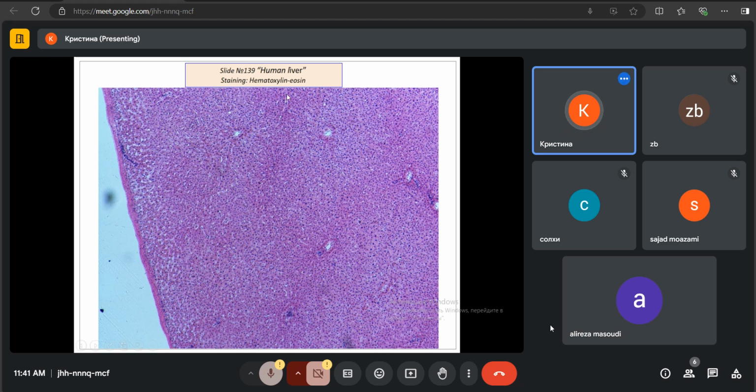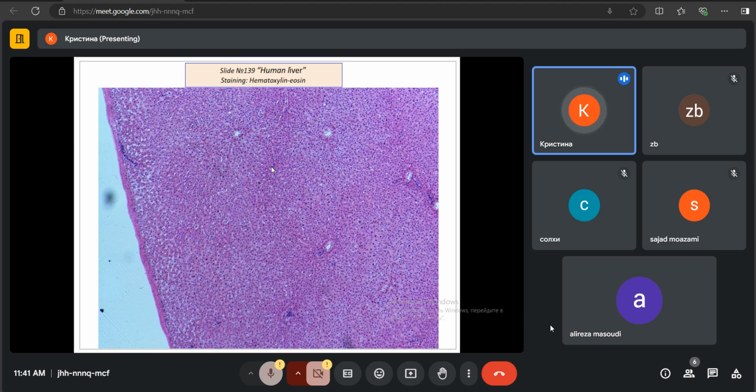In this specimen, the border should be somewhere here between two lobules. The center of one lobule is here, the central vein, and the center of second is here, the central vein. So here should be the border between those lobules with loose connective tissue, but amount of connective tissue is very few, as I said previously.